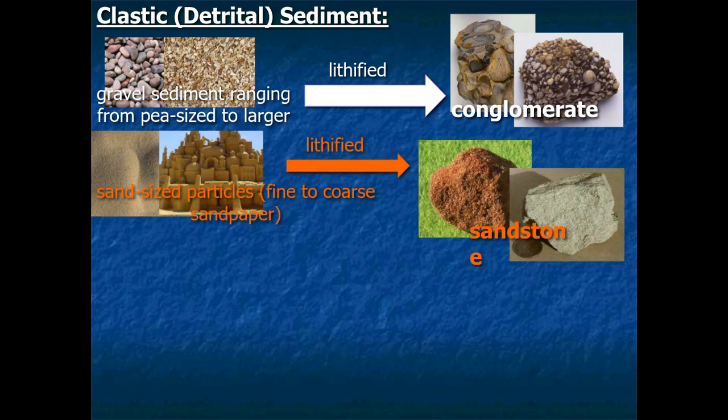So if we revisit the beach and you pick up that big handful of sand, that would be sand size. And sand can be very fine or very coarse. This would be analogous to going to the Home Depot and purchasing fine-grained, medium, or coarse-grained sandpaper. All of that falls within the sand size particles.